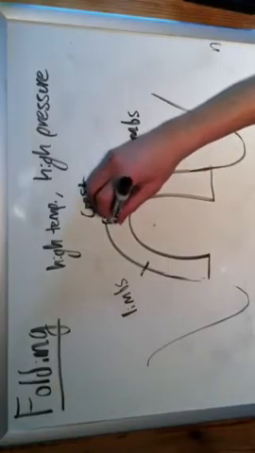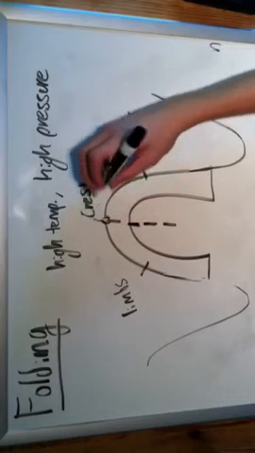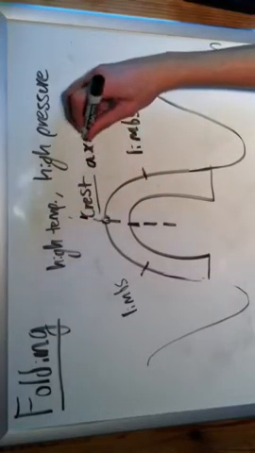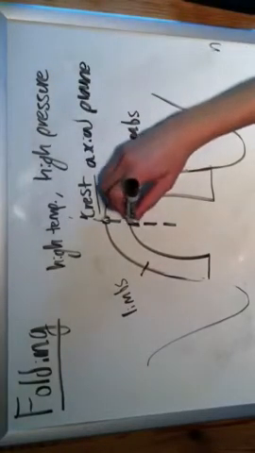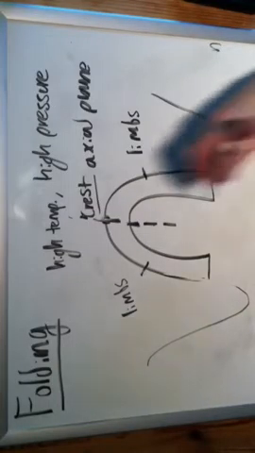And then finally we've got the axial plane right here. It's just this line that goes through the crest and sort of makes a very clear divide between one limb and the other.